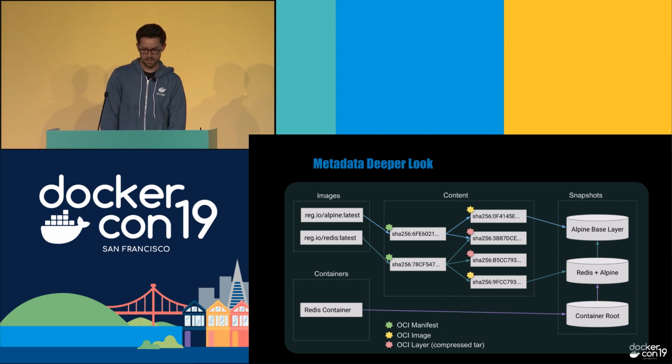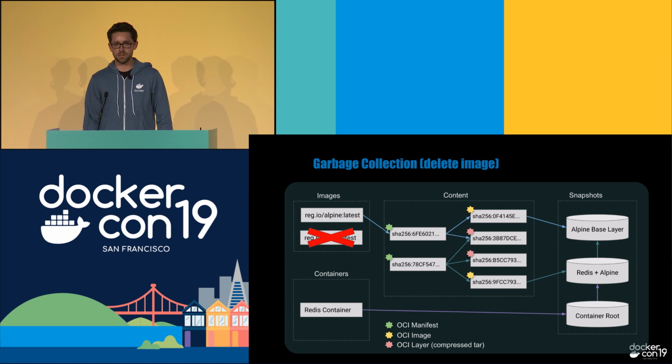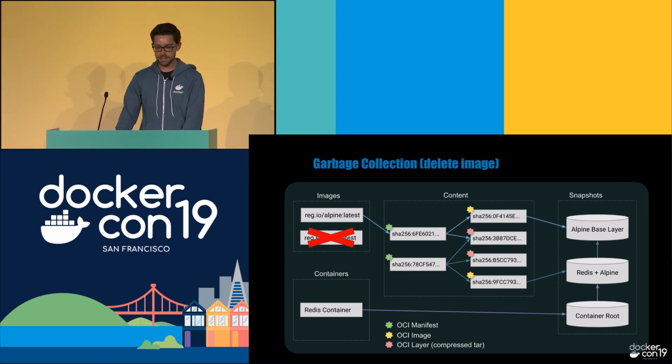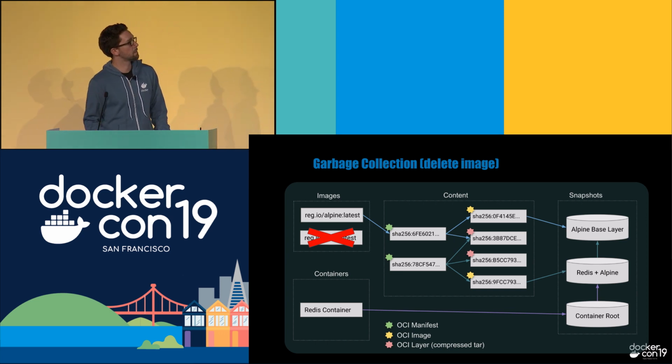So in containerd, we have a garbage collection process that will run when images or containers get deleted. So in this case, if we went ahead and deleted the Redis image, all that looks like from a client perspective is that image getting deleted, but nothing else needs to get deleted at that point.